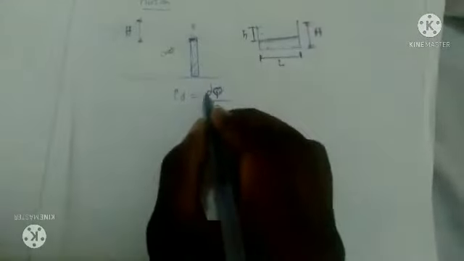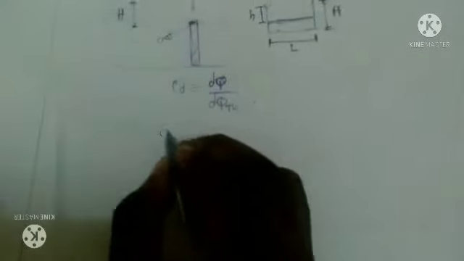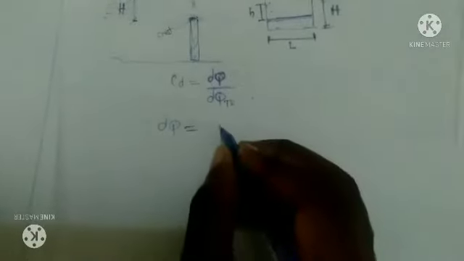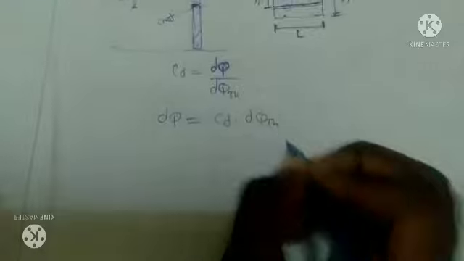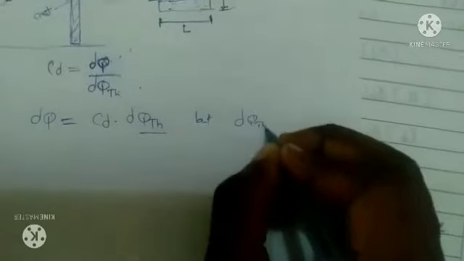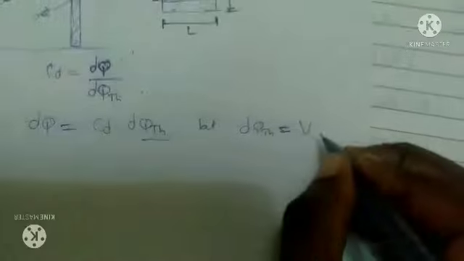So in order to get the theoretical discharge, the Q for the small strip will be the coefficient of discharge times the delta Q theoretical. As we know, delta Q theoretical is equal to velocity times area.